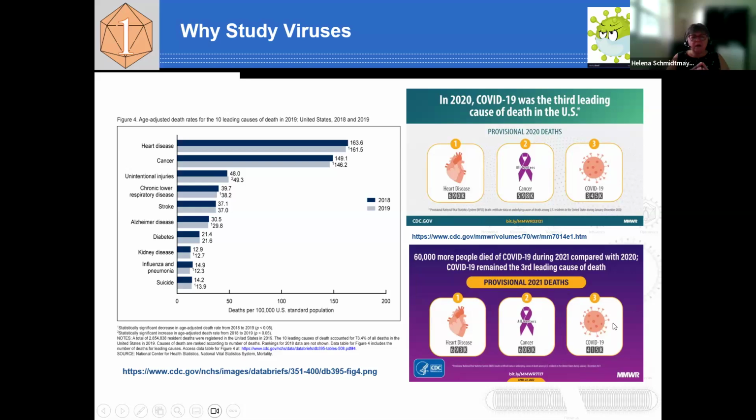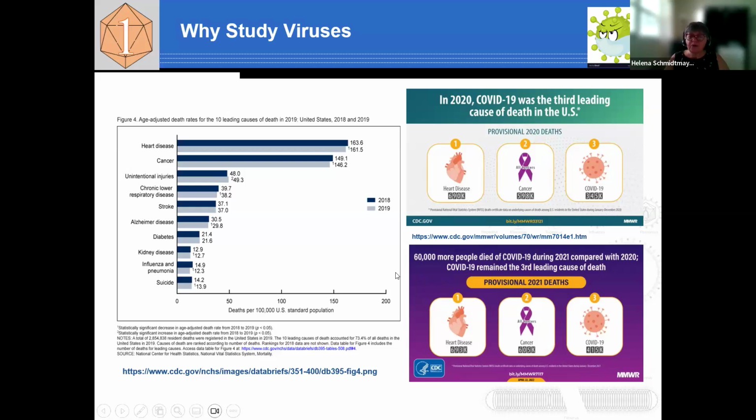So if we had enough resources and had studied coronaviruses in more detail before the pandemic, the vaccine and treatment would have been developed much faster.